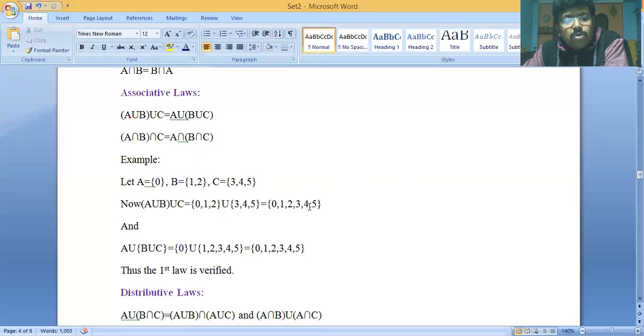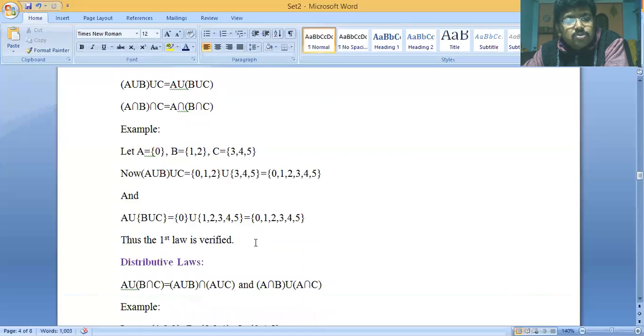And the same way, look at A union with B union C. B union C is 1, 2, 3, 4, 5. So ultimately A union with B union C is 0, 1, 2, 3, 4, 5. So thus the first law is verified. This part is equal to this part. Okay, with this example it is proved.